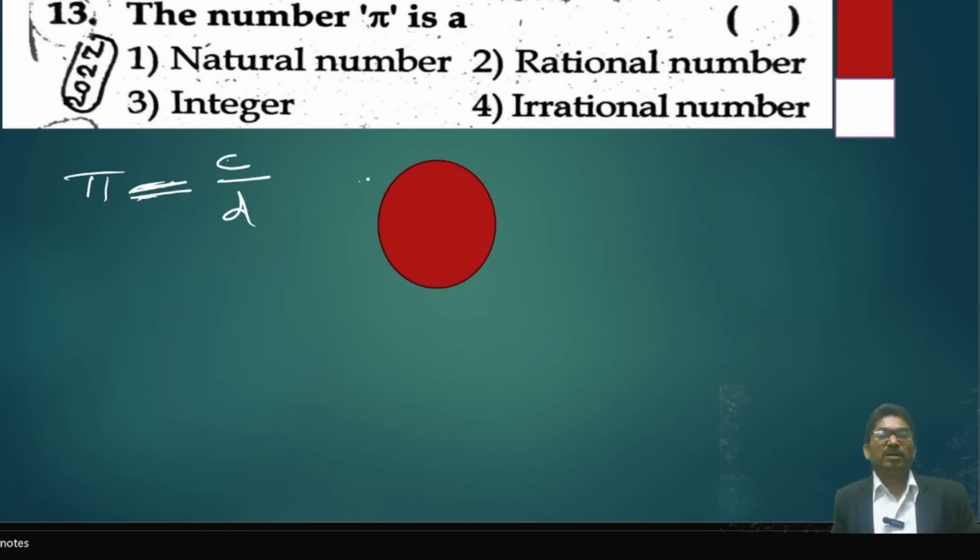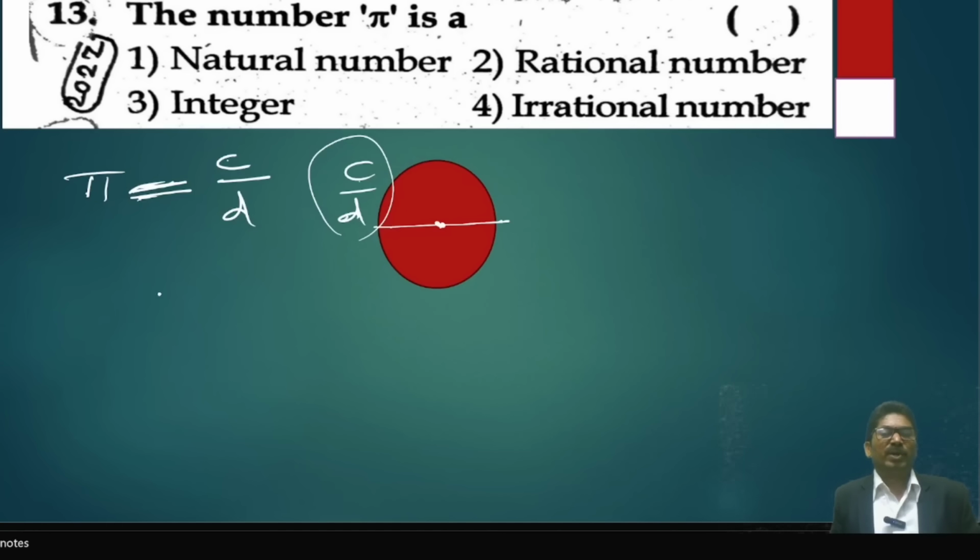The total length around the circle is called the circumference. The line going through the center is called the diameter. The ratio of these is the Greek letter pi.